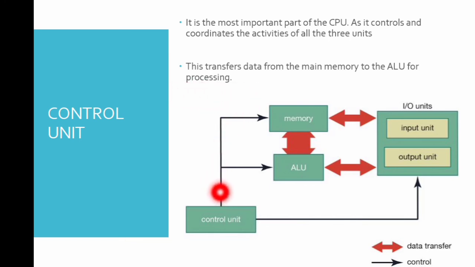So the control unit has command over the memory unit and the arithmetic and logic unit. From any input device, the data is sent to the memory unit. From memory unit it goes to control unit, and from control unit it goes to arithmetic unit for being processed, and then after a check from the control unit, the output result is given. Either it may be displayed on the screen or a printout may be taken.